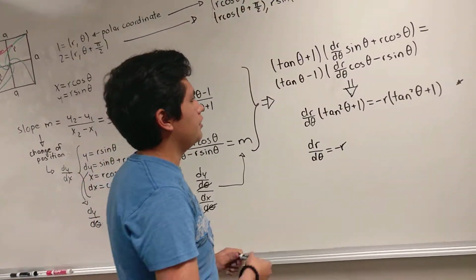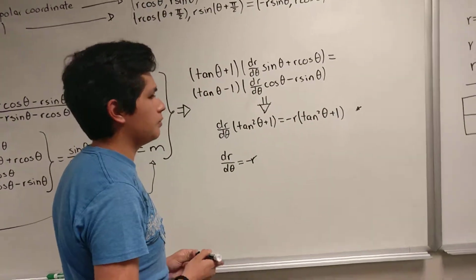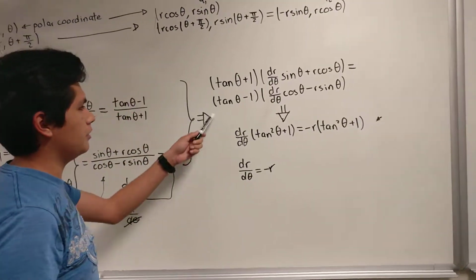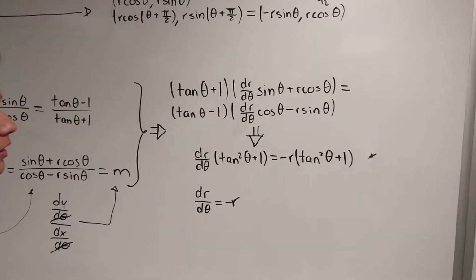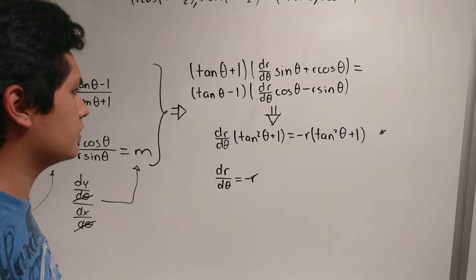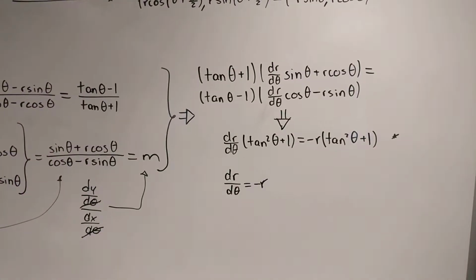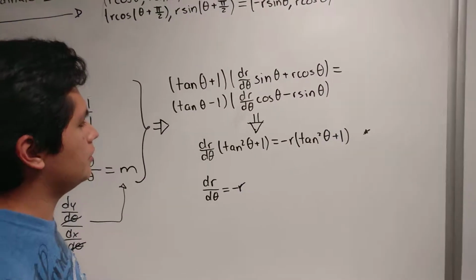So here's our situation. Due to space, I cannot put them in a single line, but here you can see it. Here we represent dr over d theta, the representation of what we had earlier as the derivatives.